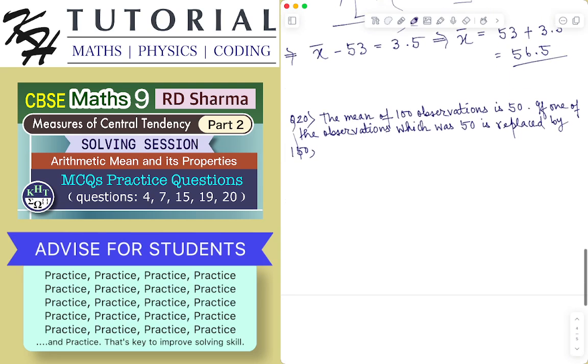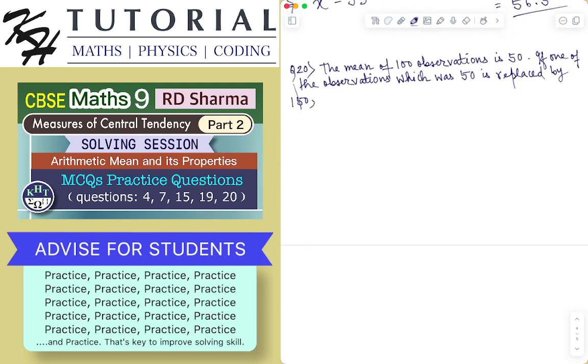Question number 20. The mean of 100 observations is 50. If one of the observations which was 50 is replaced, oh, I forgot to copy the complete problem. Let me do it. I'm very sorry for this. Question number 20 says the mean of 100 observations is 50.